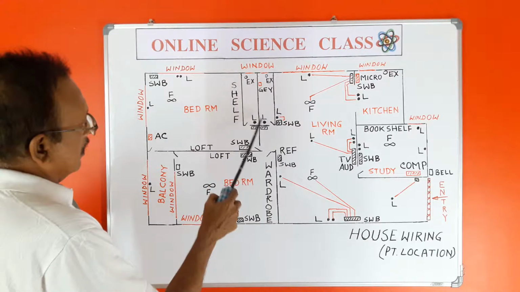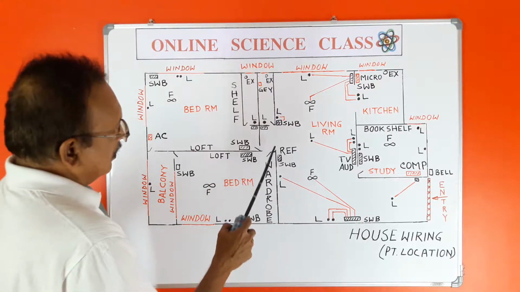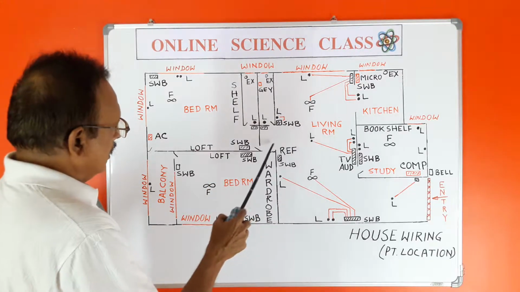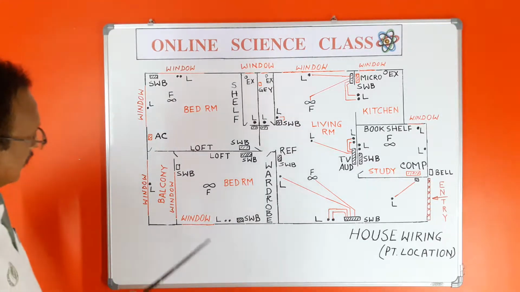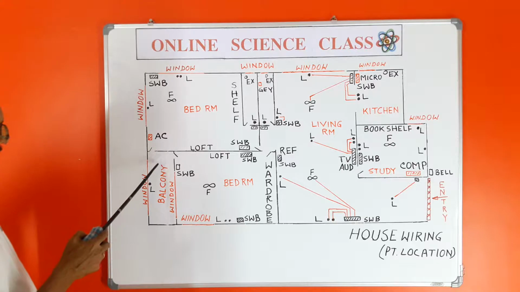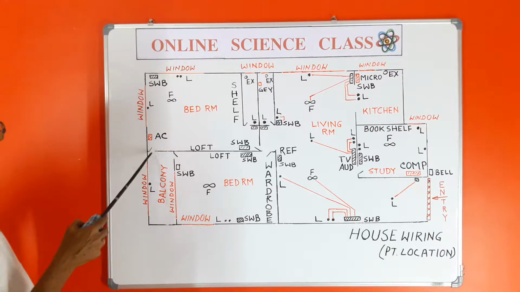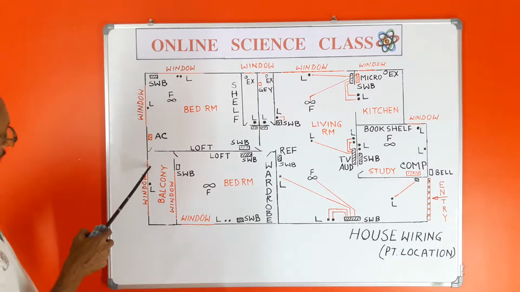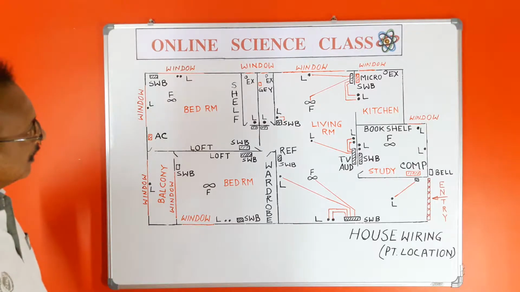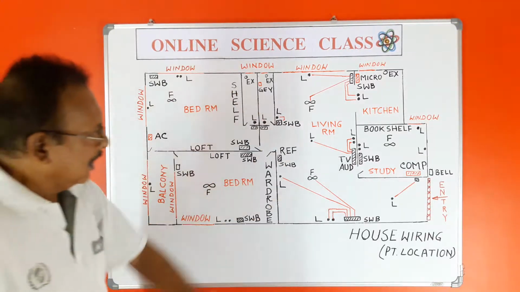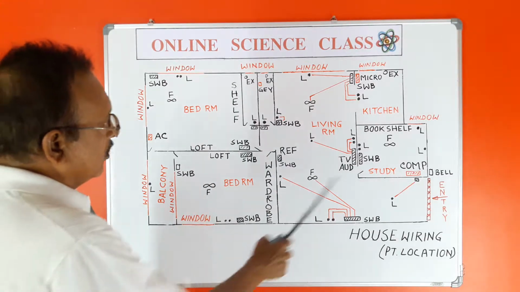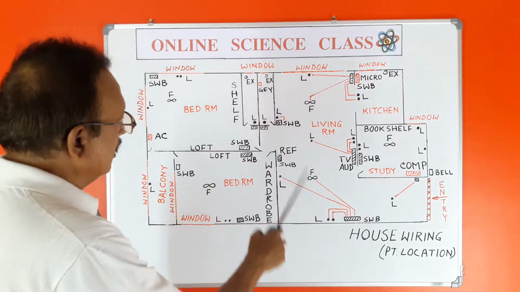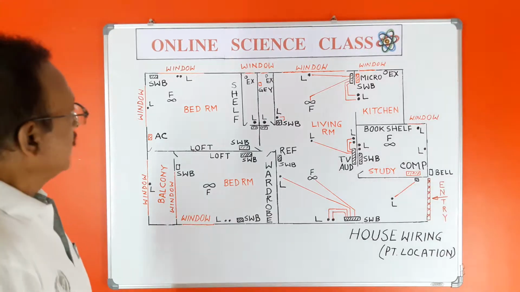Then this is the toilet, a common toilet. Then this is one bedroom, and both bedrooms have a common entry to this balcony. This is the layout of some rooms: 2 bedrooms, 1 study room, 1 kitchen, living room, and 2 toilets.